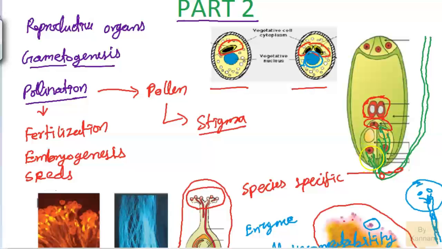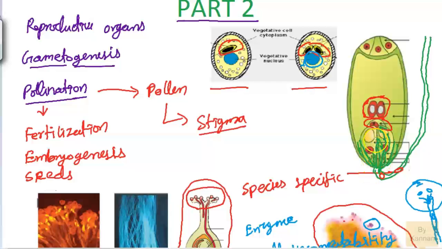So this is one type of movement through the synergid cells. Then another type is, it may move between the synergid cells and the walls. This is another type. And the third type is between the synergid cells.